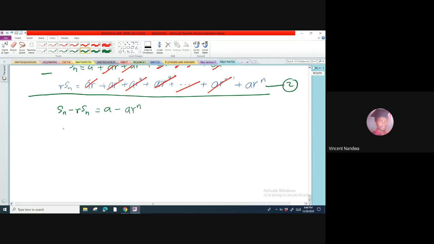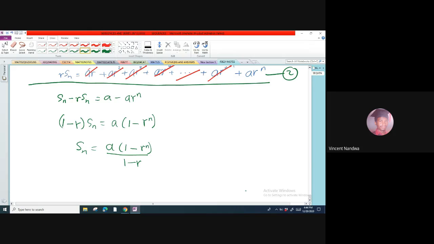Now from this one, we have Sn minus R Sn, which is Sn times 1 minus R, equals A into 1 minus R power n. So making Sn the subject, we have A into 1 minus R power n divided by 1 minus R.